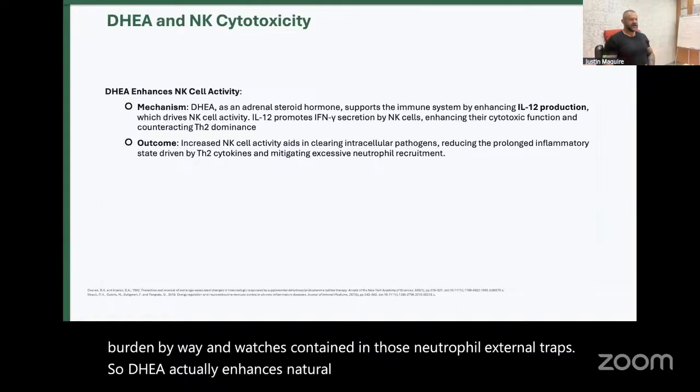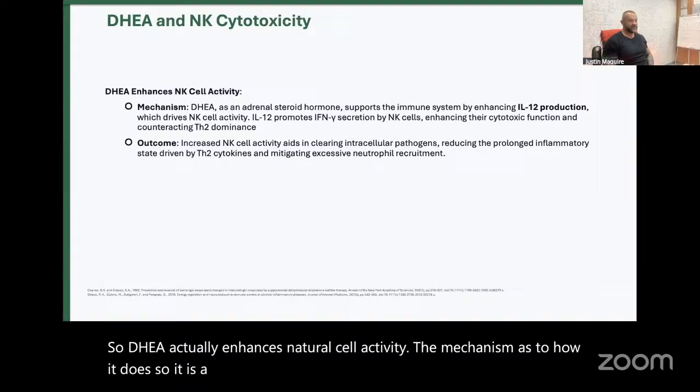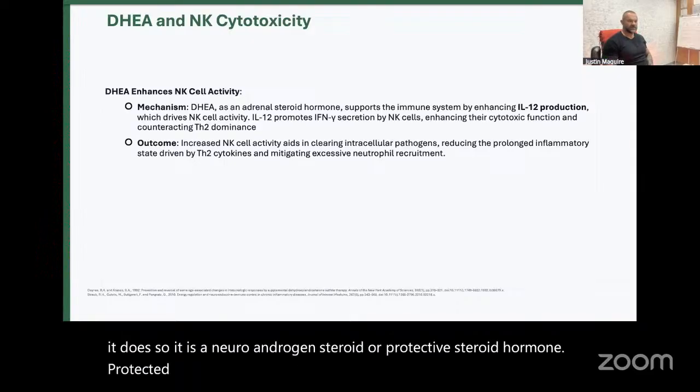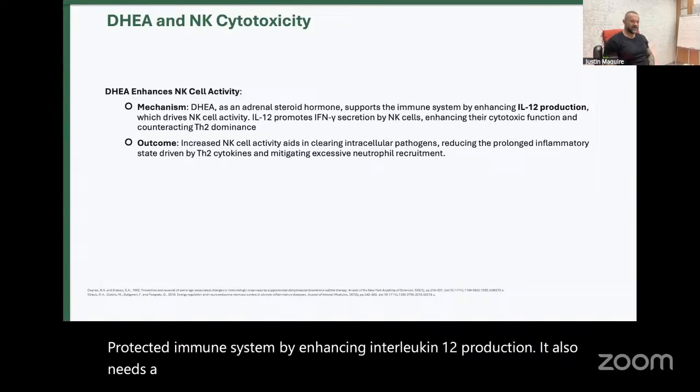The mechanism as to how it does so: it is a neuroandrogen steroid or protective steroid hormone. It protects the immune system by enhancing interleukin 12 production. It also needs a bit of consideration in Th1 dominant immunological subtypes.